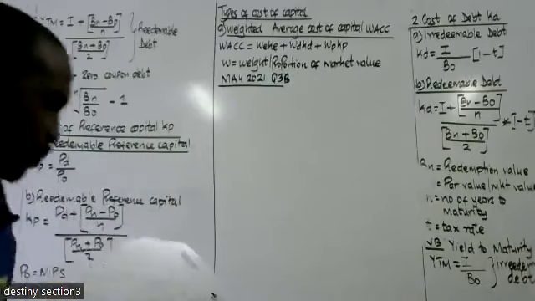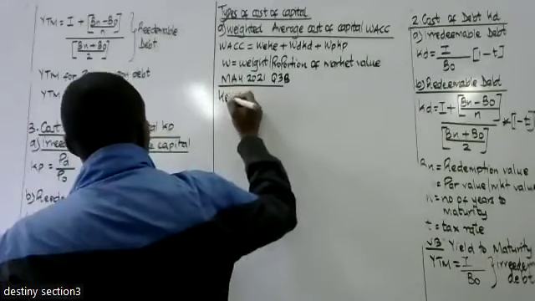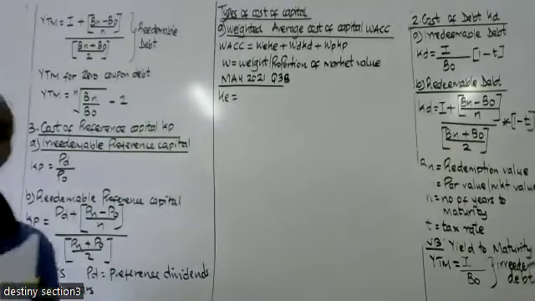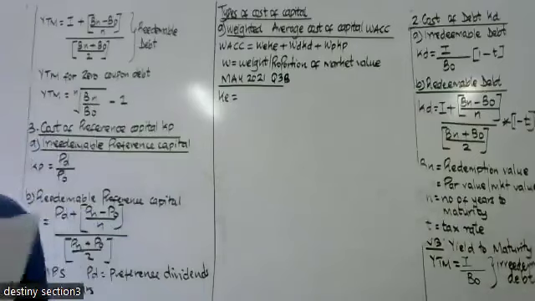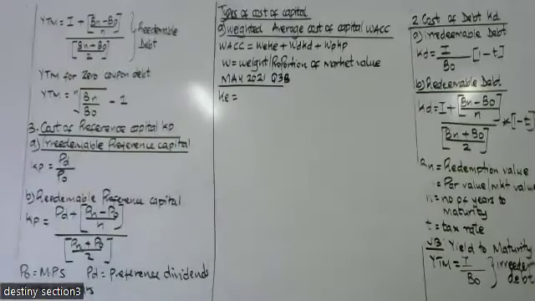Let's start with the cost of equity. Equity is either growing or not growing. Be it ordinary shares or retained earnings, either there is growth in dividends, or the dividends are constant with zero growth.